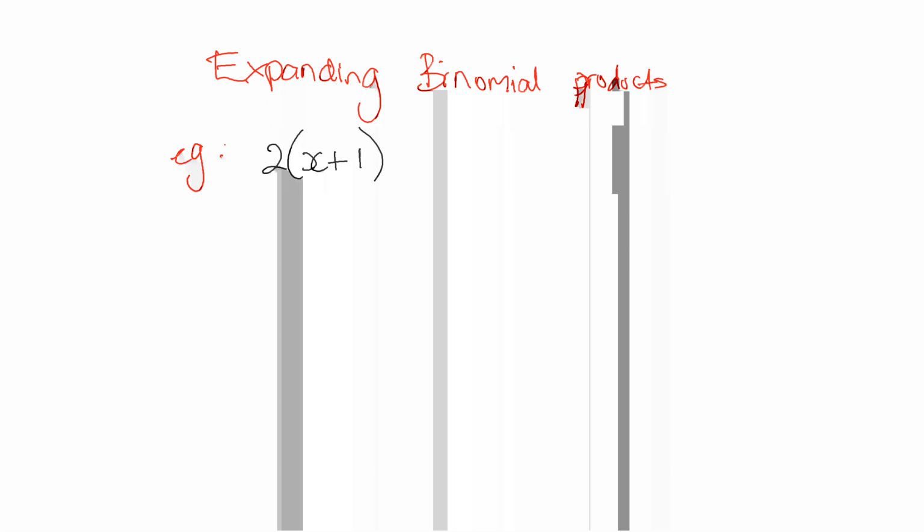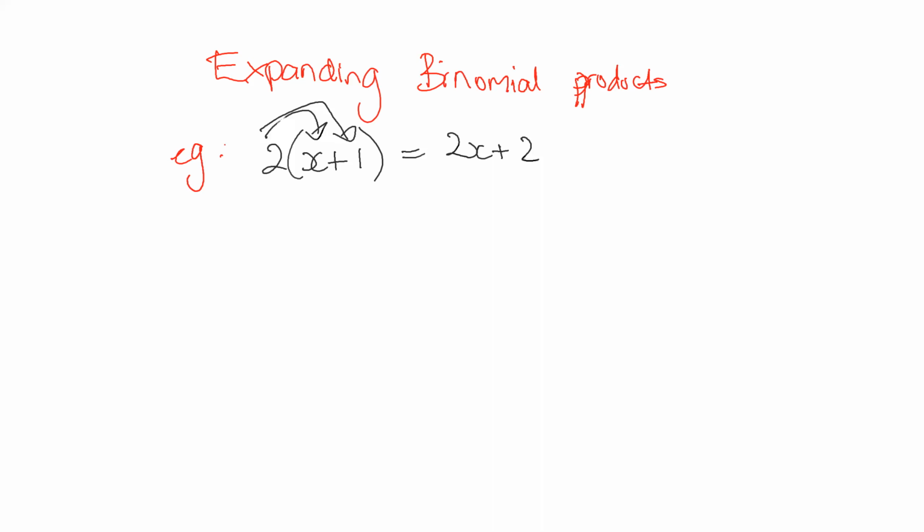So the way we expand this out is we multiply outside the bracket with the numbers inside the bracket, or the letters, or the variables. So in this case, it's going to be 2 times x is 2x, 2 times 1 is 2. So that's how you normally expand a bracket out when you have a variable or a number that's outside the bracket.